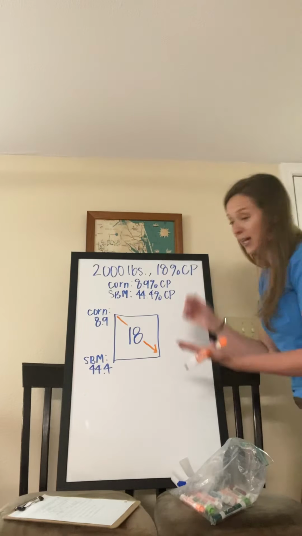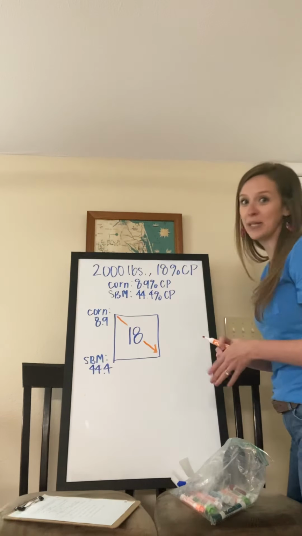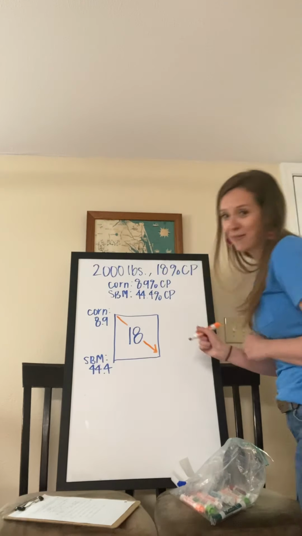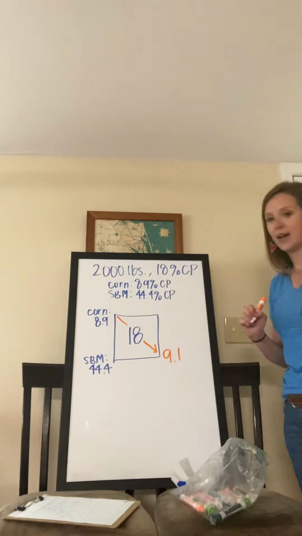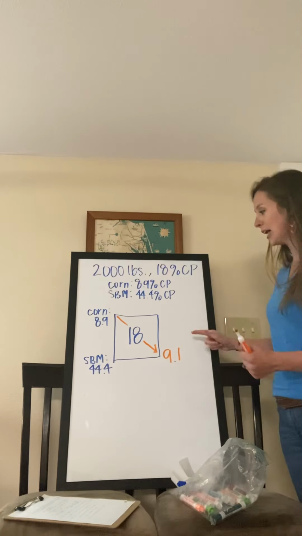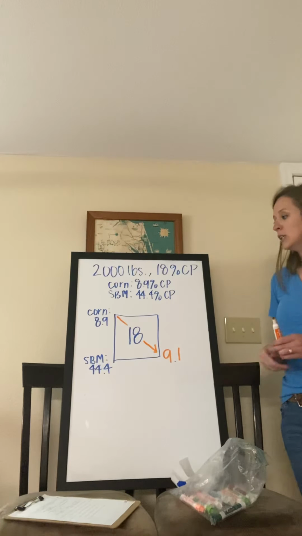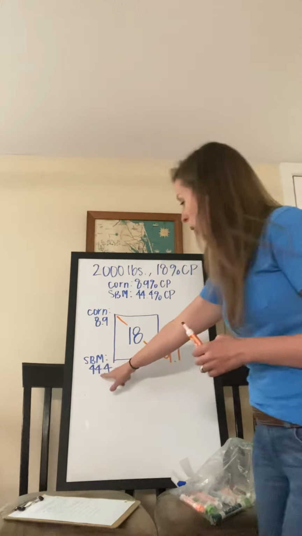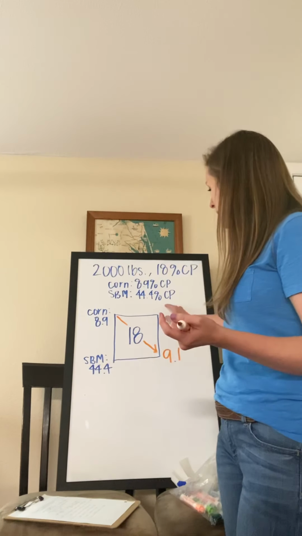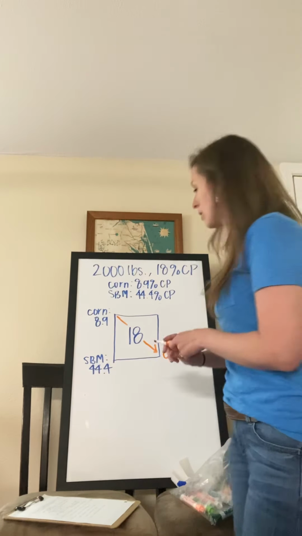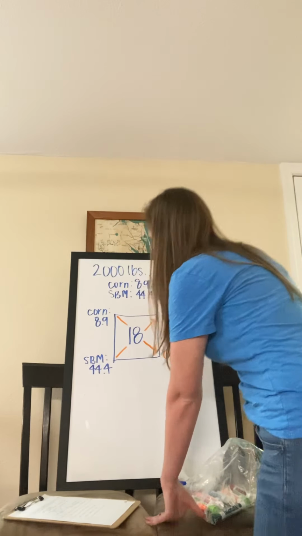If I had a calculator, 18 minus 8.9 would equal 9.1, but I already have it written out. So I'm gonna write 9.1 right there. All I did was say 18 minus 8.9, and I wrote it down here in the corner. Now, for this one, we're gonna do the exact same thing, and write it in this diagonal upper corner. So you're kind of making a crisscross.